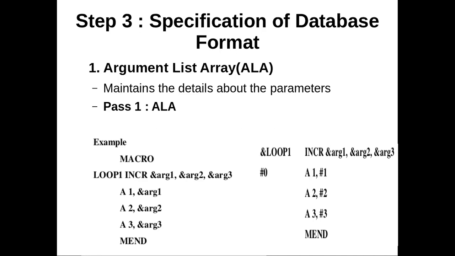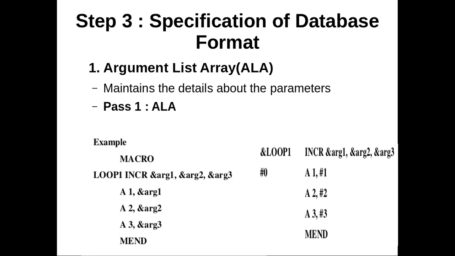So we have seen the first step, that is the statement of the problem. From the second step onwards, it will vary for the two pass algorithm and the one pass algorithm. Here we are discussing the two pass algorithm, and we have seen the specification of databases in both pass 1 and pass 2.